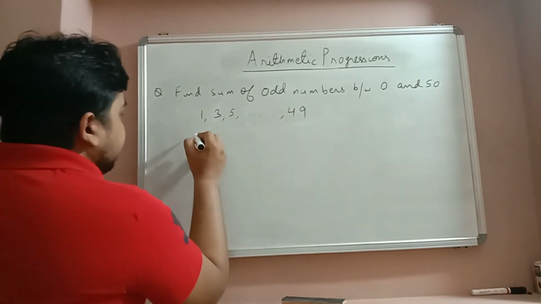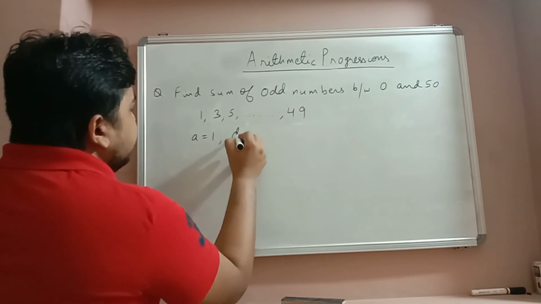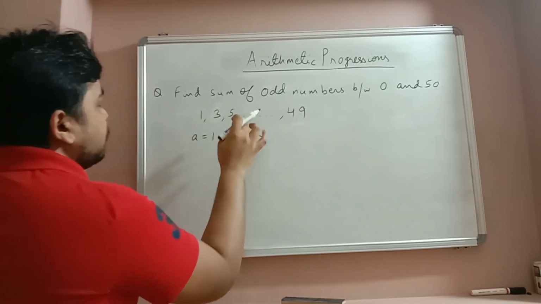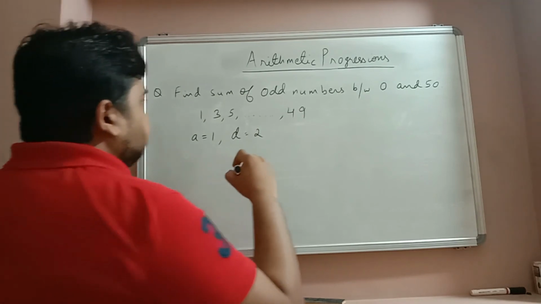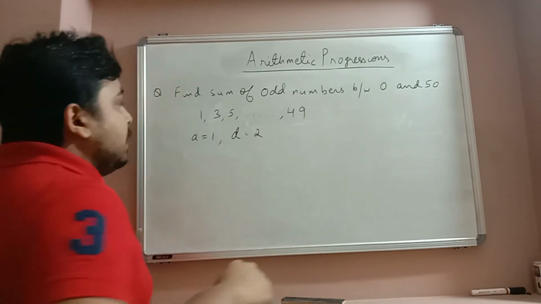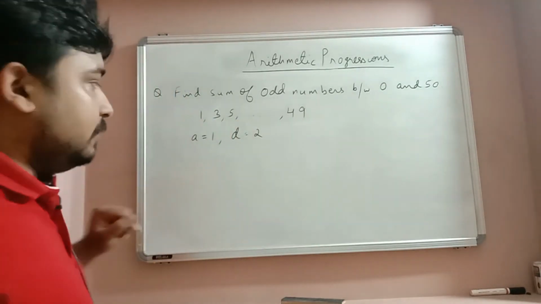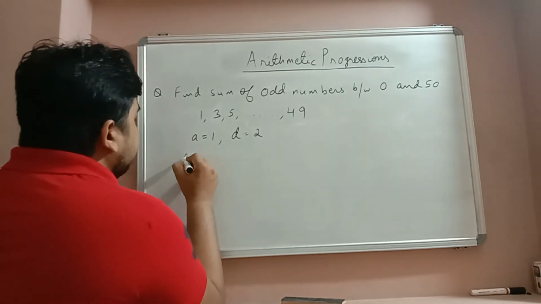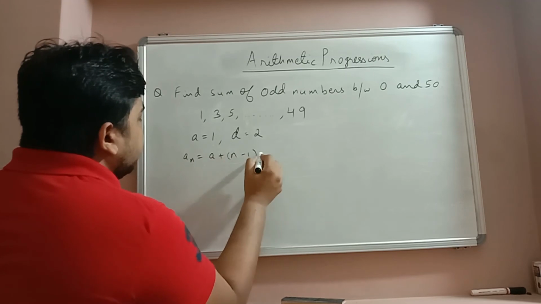Here simply I can say this is an AP, with a equal to 1 and d equal to 2. 3 minus 1 is 2. So we need to find the sum of the odd numbers. So first let us find the number of terms from 1 to 49. For that we will use An equals a plus n minus 1 into d.